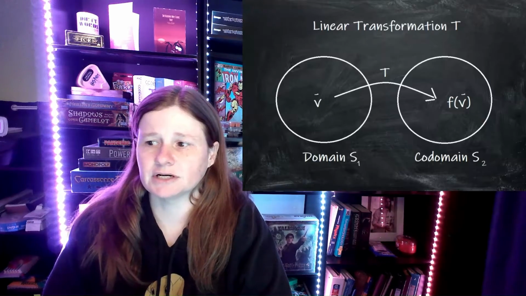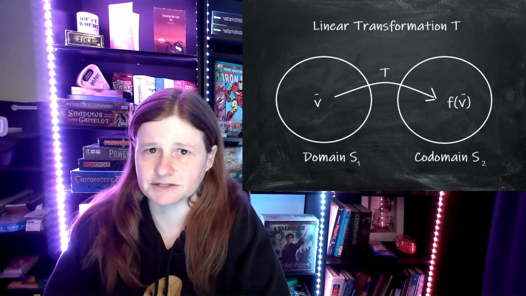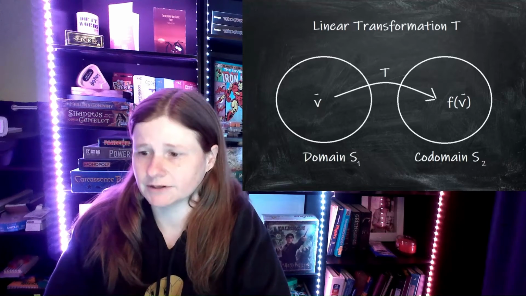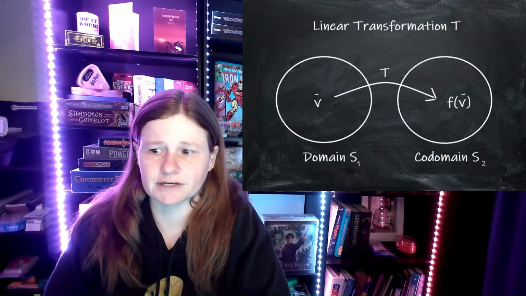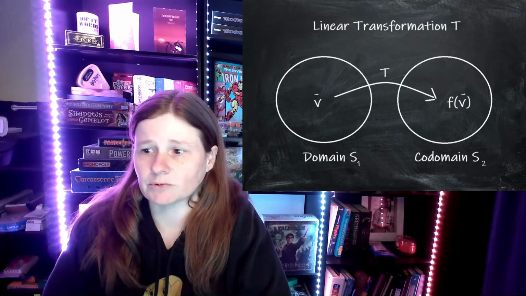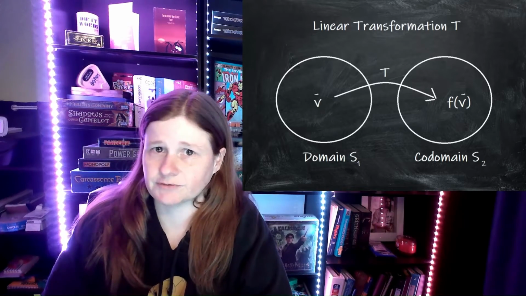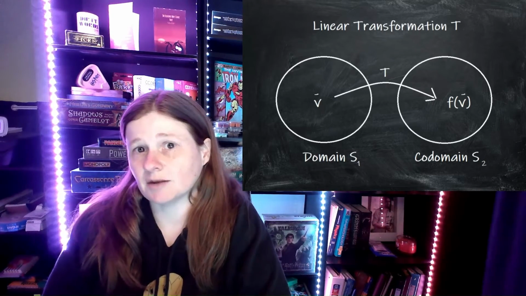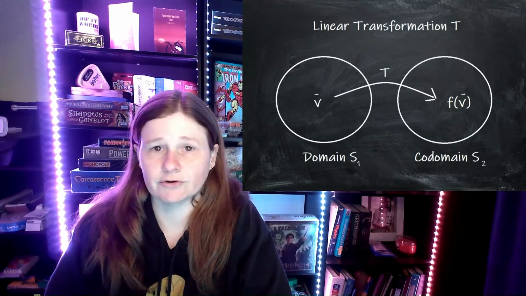So here's just a description of what exactly this linear transformation is doing, right? We're going to start with a vector in our domain S1. We're going to apply our linear transformation, and we're going to end up with a vector in our codomain of S2.